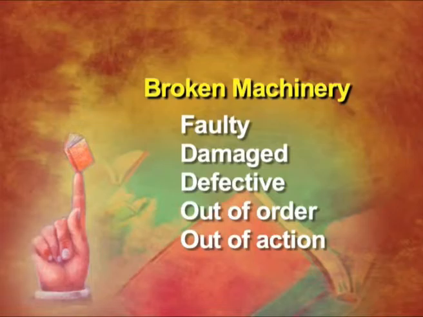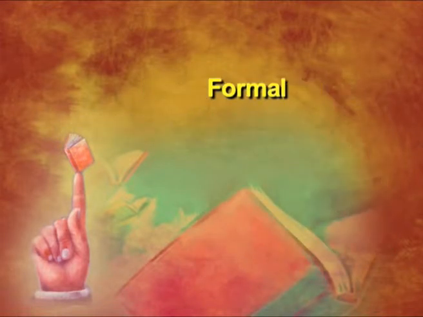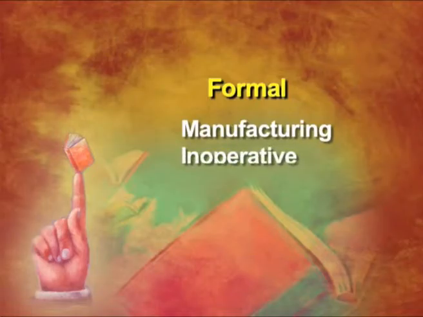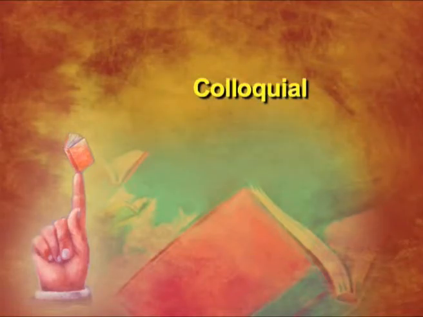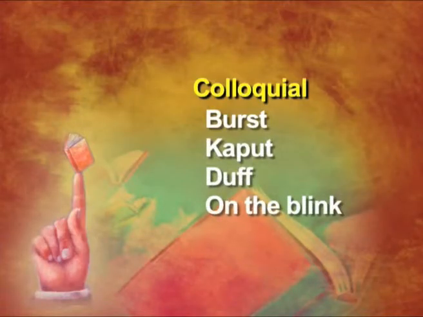Another, broken machinery: faulty, damaged, defective, out of order or out of action, not working, gone wrong. Formal: malfunctioning, inoperative. Colloquial: bust, kaput, duff, on the blink, and in North American usage, that is USA and Canada, on the fritz.